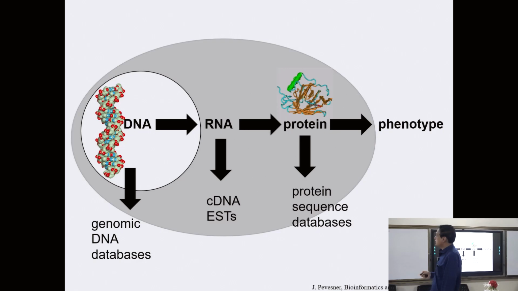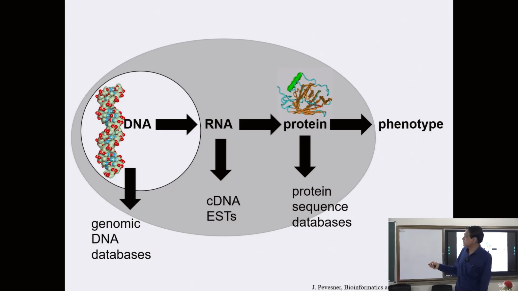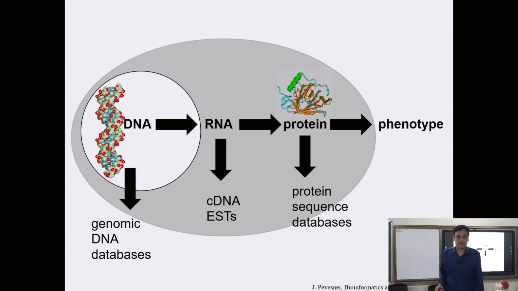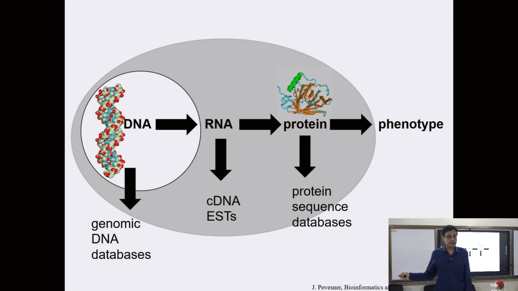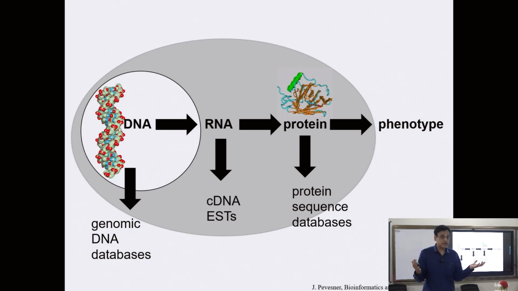Okay. So so far as data are concerned, when you are focused here on DNA, there could be genomic data or DNA data. They are collected and then they are archived in different databases. At this level, RNA, there could be data of RNA transcripts. They are sequenced and then they are collected and archived, okay, in databases.